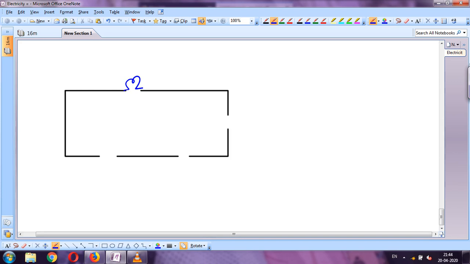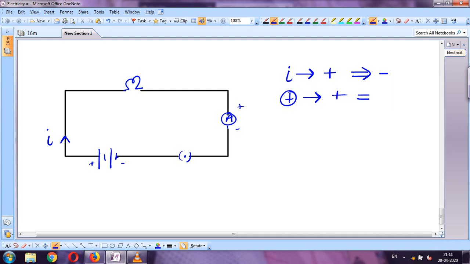Here I connected one bulb. This is my ammeter. This is a key here, and here I will connect one battery. This is positive, this is negative. Now, if I said current will be flowing, then we should know the direction of current flow. Remember, in the circuit, current flows from positive to negative terminal. Positive charge also flows from positive to negative.